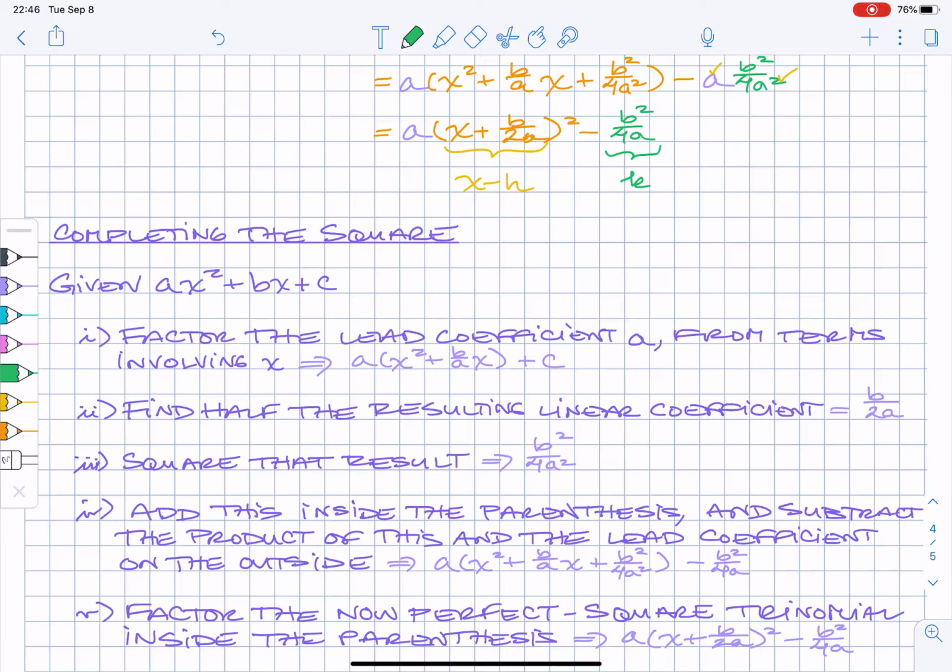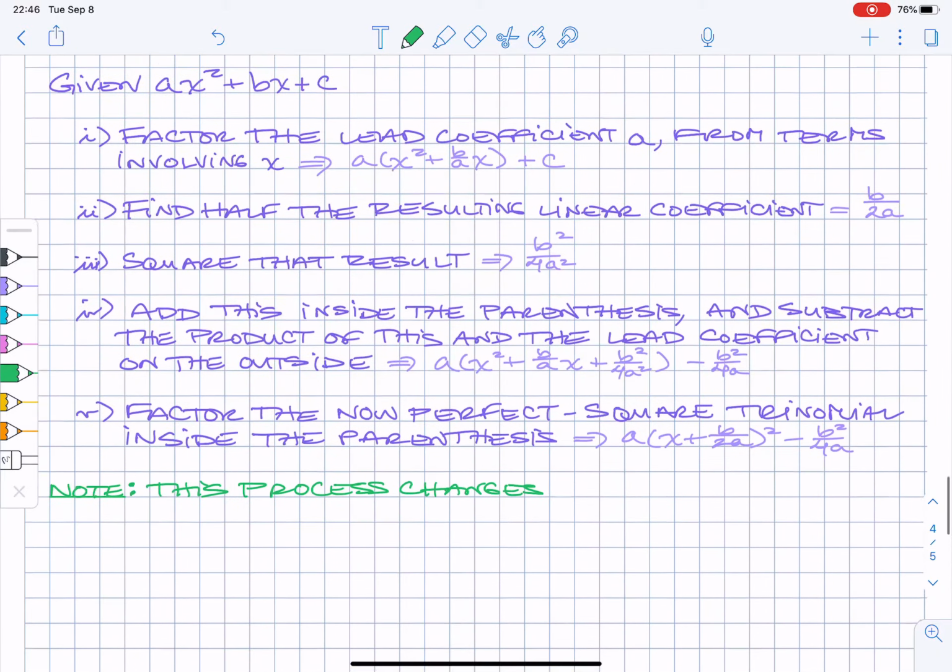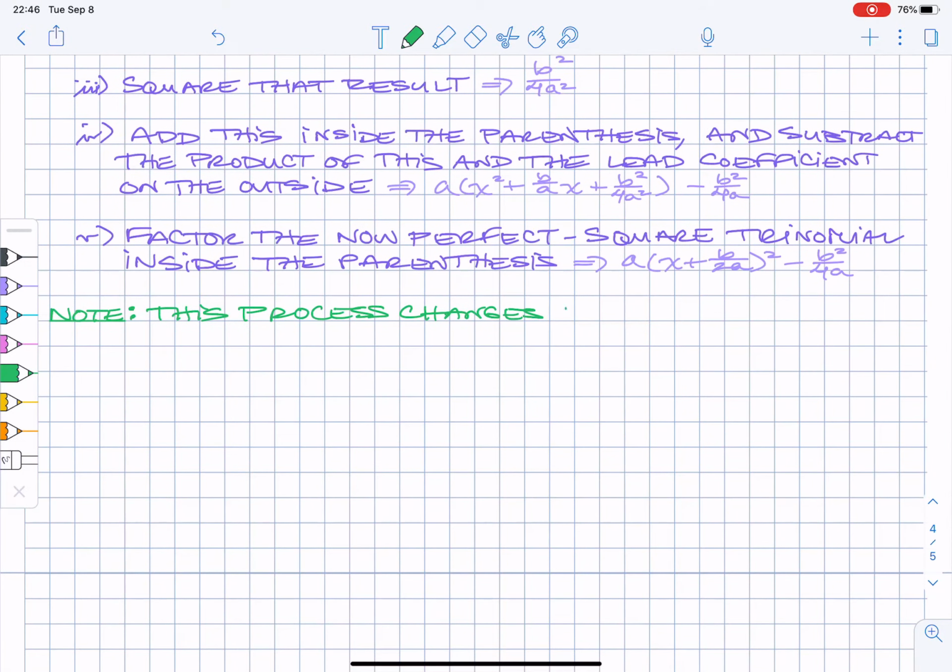Is that the general form or the standard form? That's the general form, so it changes the general form of a quadratic to the, well, this last factored form is going to be the standard form.